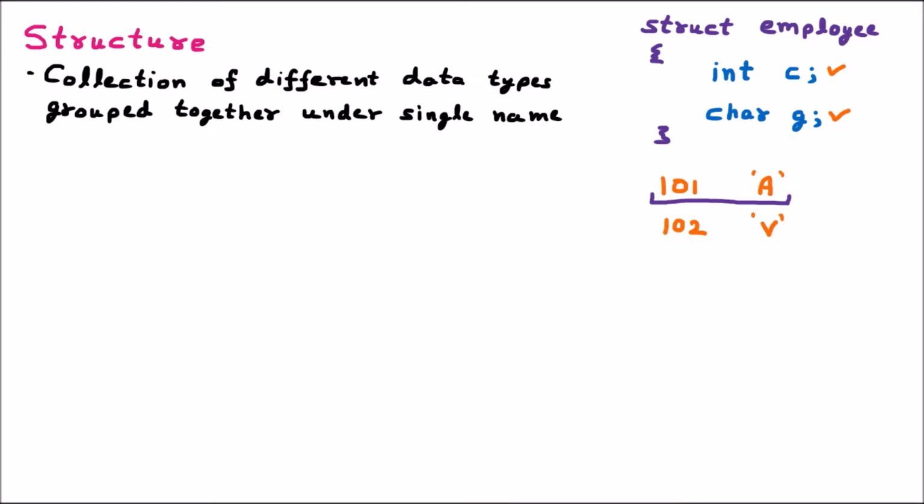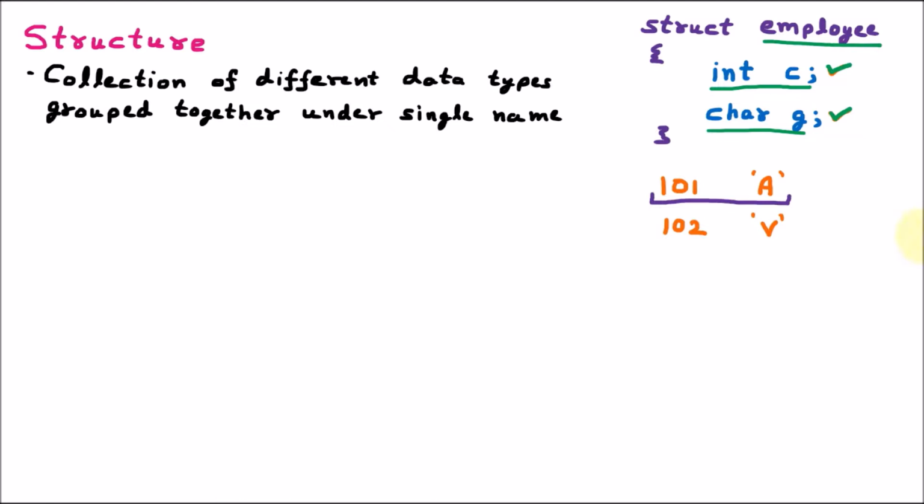Here we can see that int c, so here it is an integer data type. Char g, g is the character data type. They are different data types, and they are together inside a single name. So the single name is employee. So inside the employee we have the integer c and character g. So different data types in a single name is called the structure.